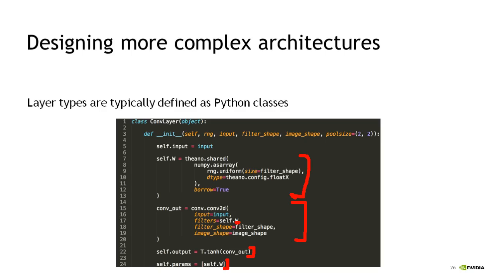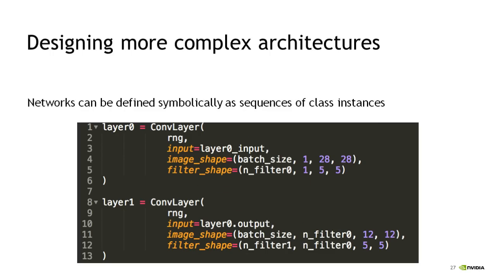So then to define a deep neural network architecture, you simply stack instances of these Python classes where the output of one instance becomes the input to the next. So here we see 2 convolutional layers. We pass in parameters that specify the filter sizes and the input data size.